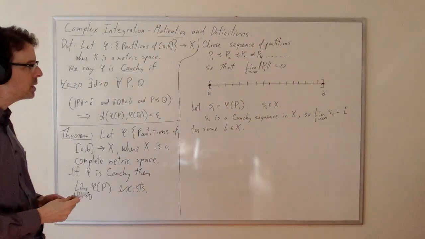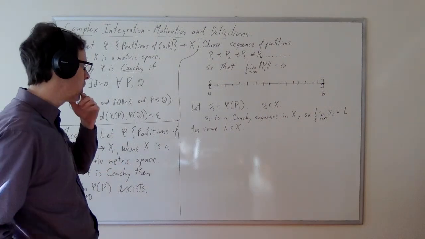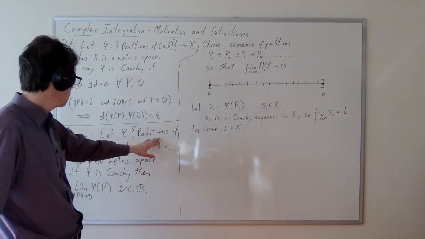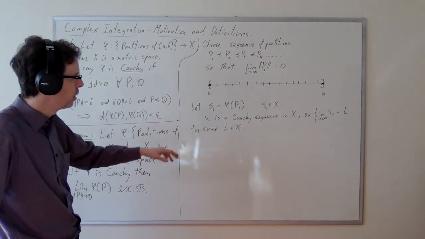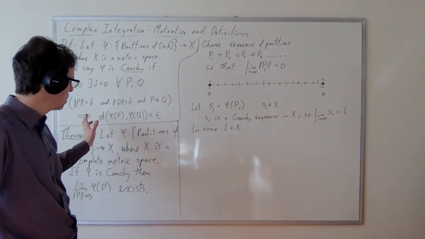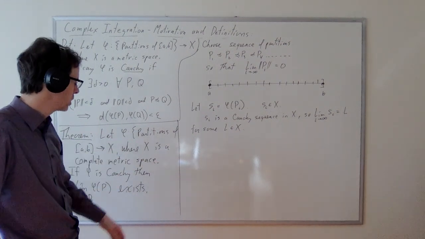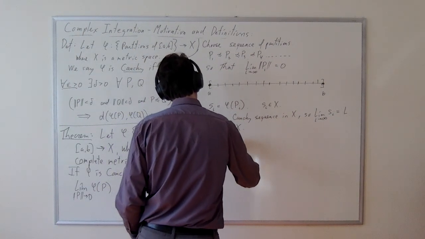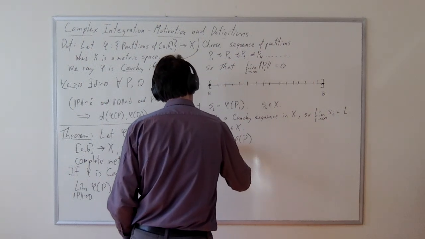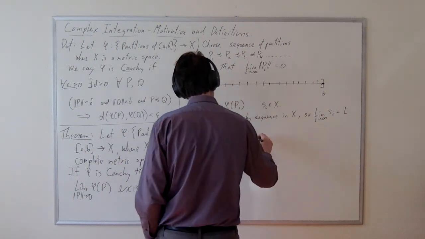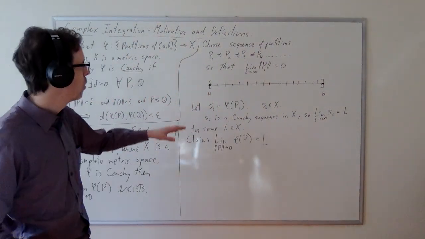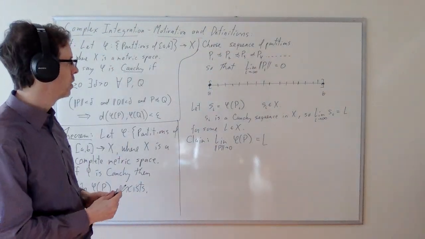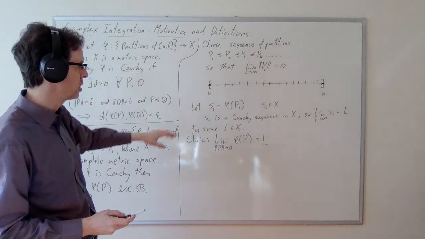All right, so that's pretty good. Now we have the L. Now we need to show that for partitions sufficiently fine, phi of that will be within epsilon of L. So in other words, we need to show that the limit of phi of P is actually equal to L. So let's claim that the limit of phi of P as the partition norm goes to 0 is equal to L. Now, we know that these things have a limit which is equal to L, but these are very, very few of the very rich complexity of all the partitions that could exist.